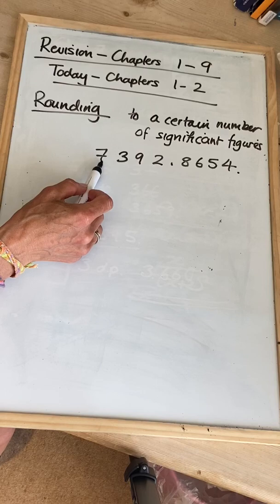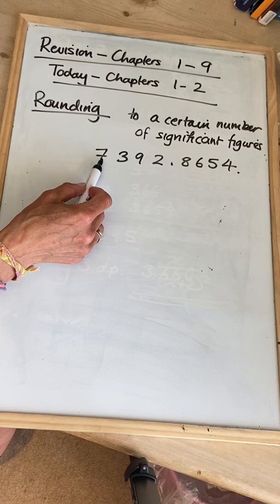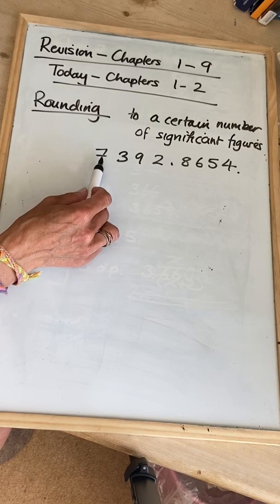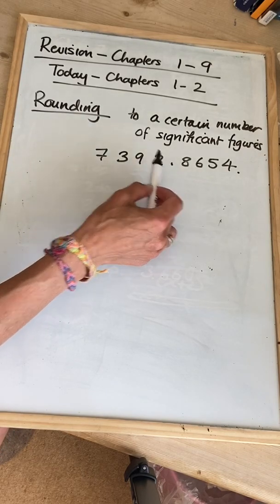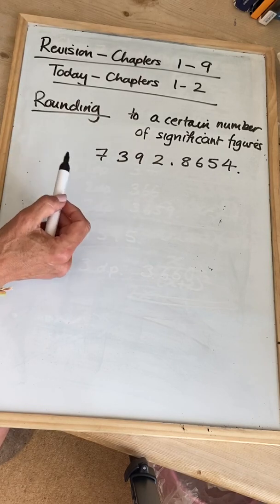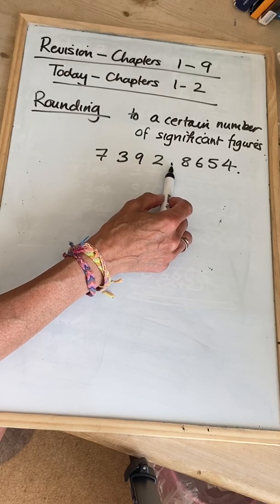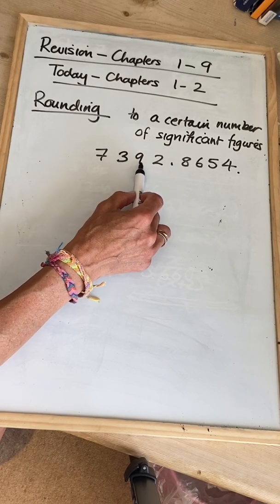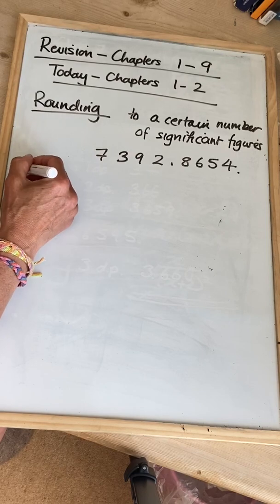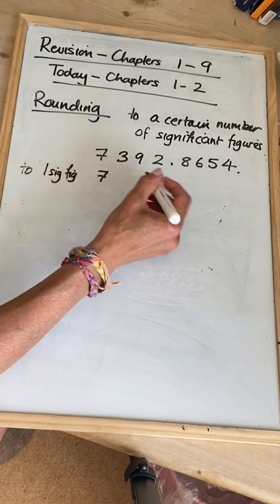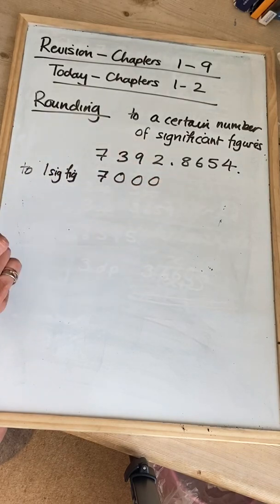And therefore, if you were rounding this to one significant figure, you would stop at the 7. Now, the problem is, if you just wrote the number 7, you'd be rounding a number that is 7,392 to 7. That can't be right, can it? So if you have not yet reached the decimal point, you must replace the other numbers with zeros. So this number to one significant figure is going to be 7000.